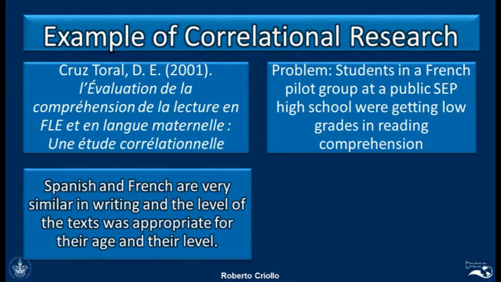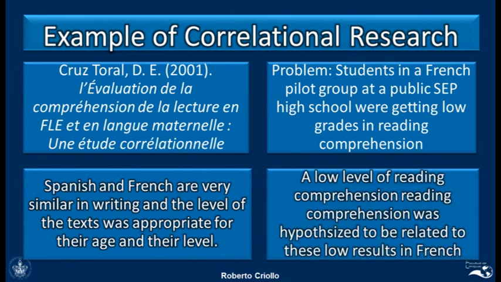So there was something else, and the hypothesis was that they had low reading comprehension in Spanish. In other words, it was difficult for them to understand reading comprehension in Spanish, and therefore the results in French were similar.